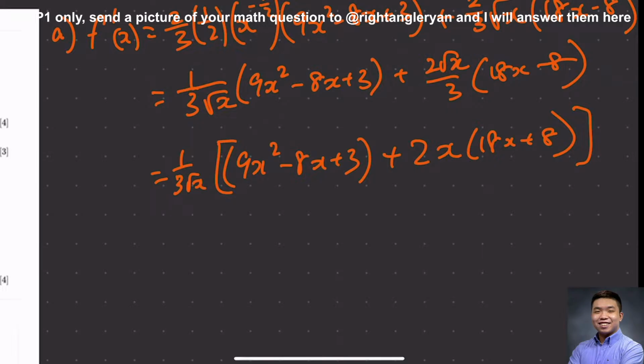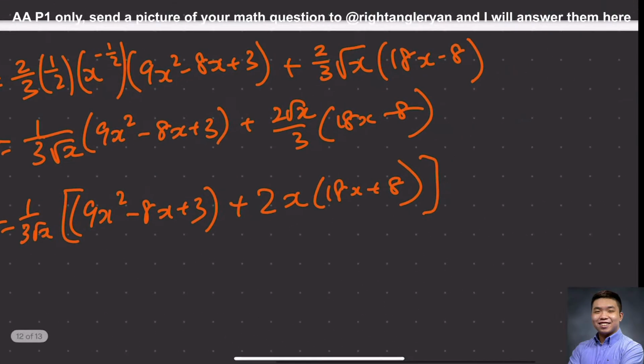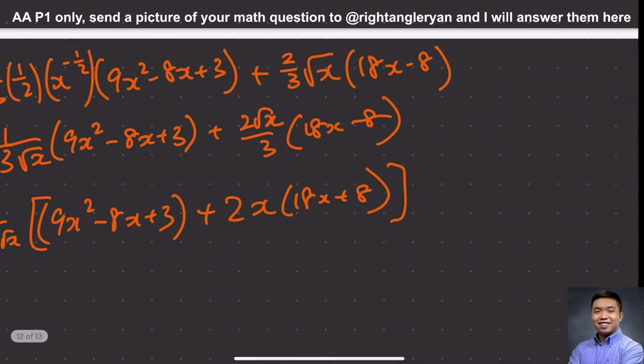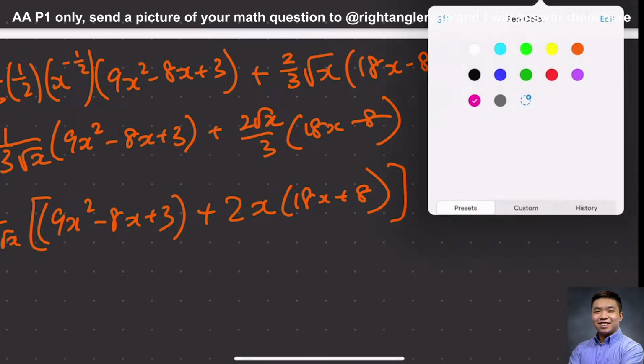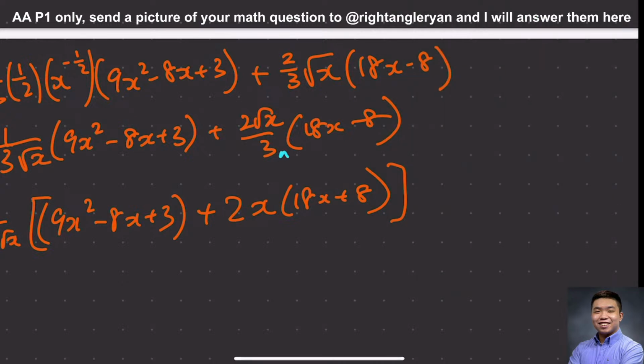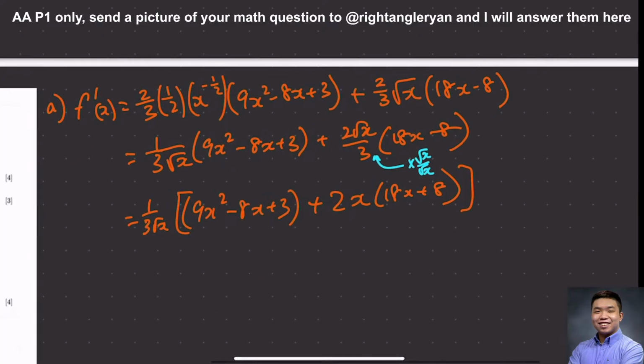Yeah. Okay. And then, for those of you who don't understand, what I basically did was I skipped a step. Let me do blue here. Inside here, I multiplied by root x over root x. So then the top would do root x times root x, so it would become x, right? And why am I doing this is so I can conveniently take out the 1 over root 3x out here.